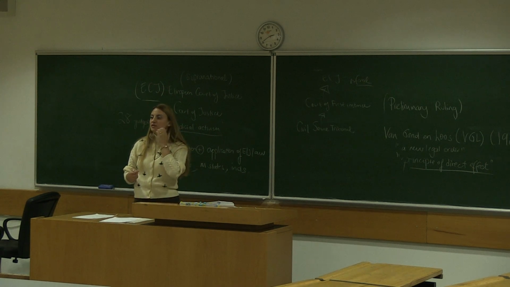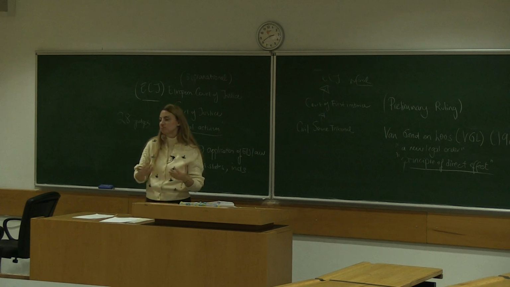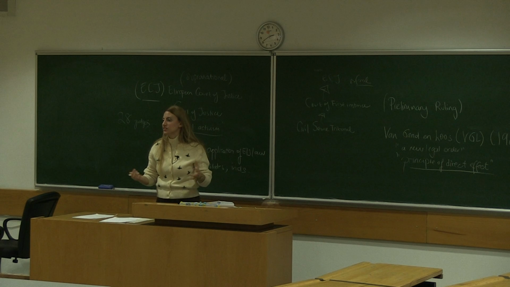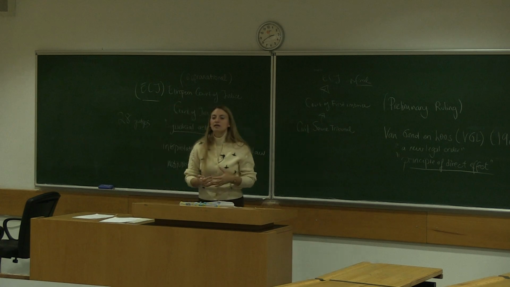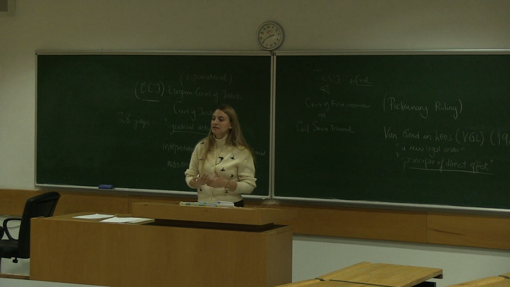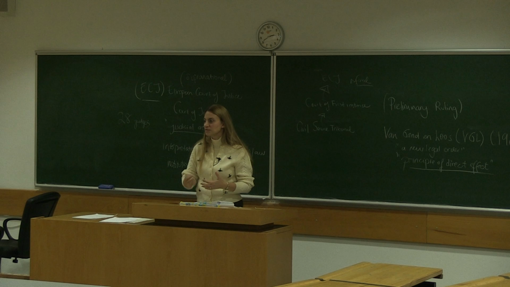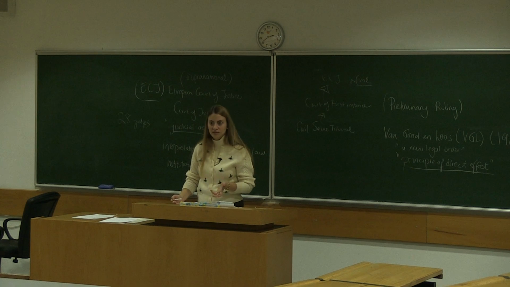Monist systems argue that if an international treaty or legislation has been signed, then there is no need for a domestic transfer or transition to the national system. It becomes automatically part of the domestic law.